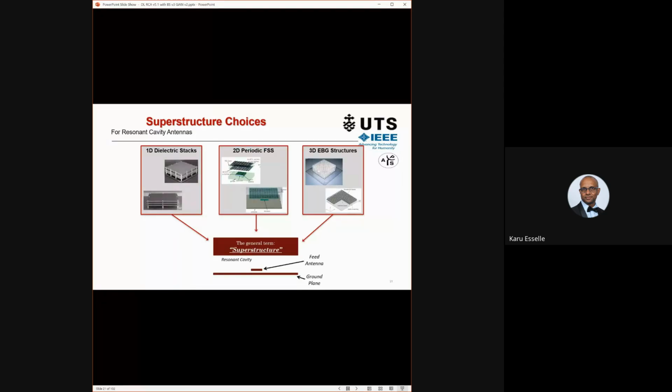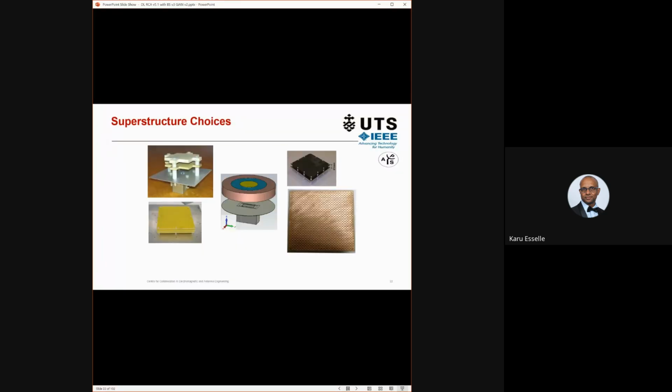So those are the things we are going to look at: different types of resonant cavity antennas. We made a very large number of these different types. All these photos are our prototypes. This is the 1D slab type made out of FR4, very low cost.